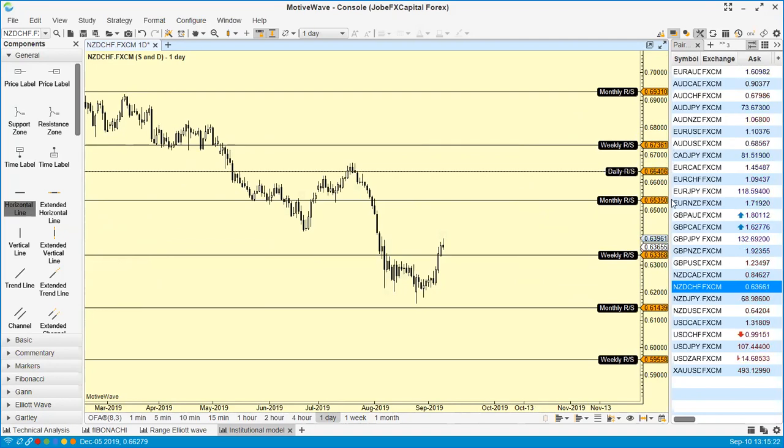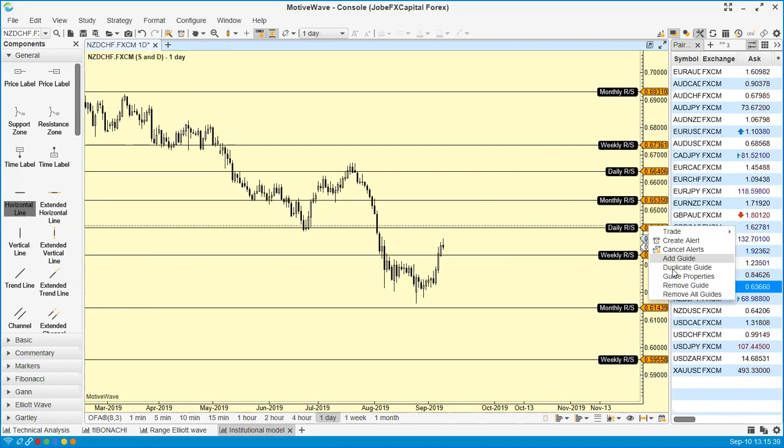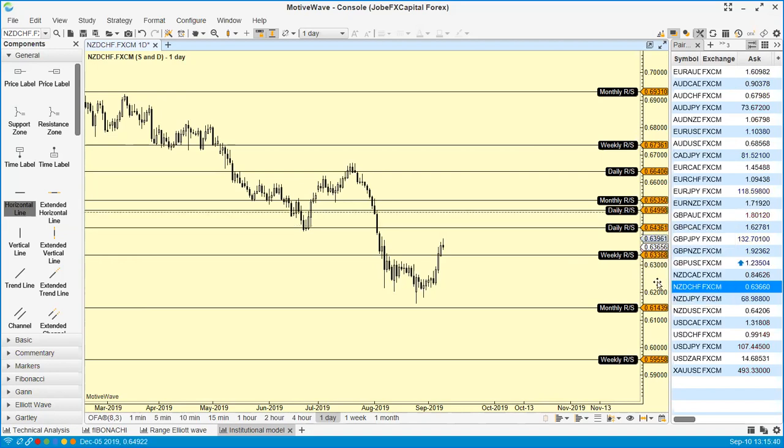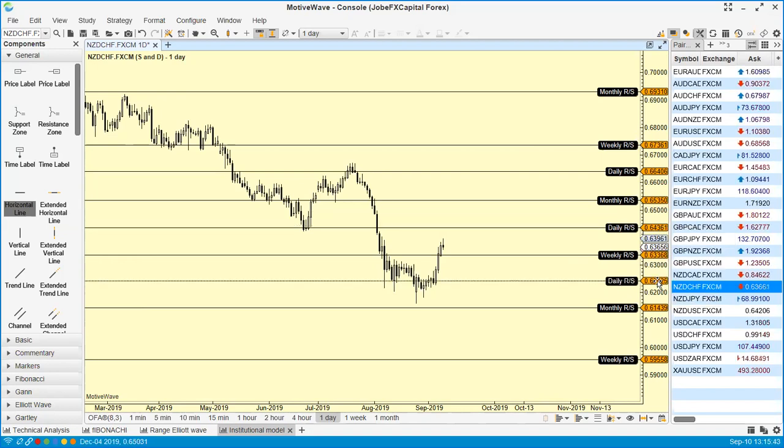If I duplicate this and take this here, and you divide this by 50, it comes up to here. It looks just about right. The price bounced around there. If I do this again, duplicate this and put it here, yep, that's a 50. I'm not going to do all of them.